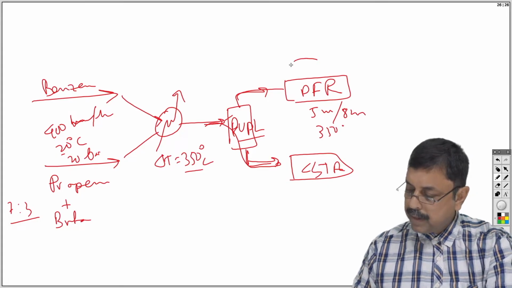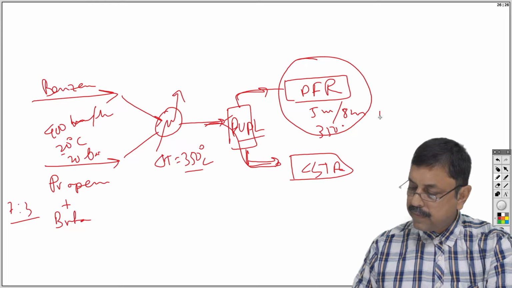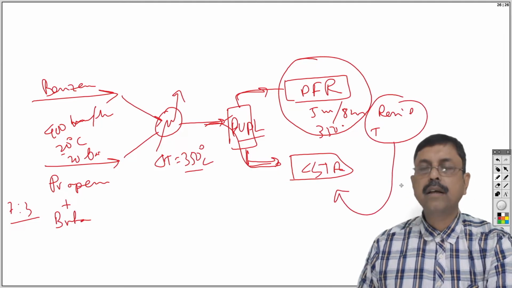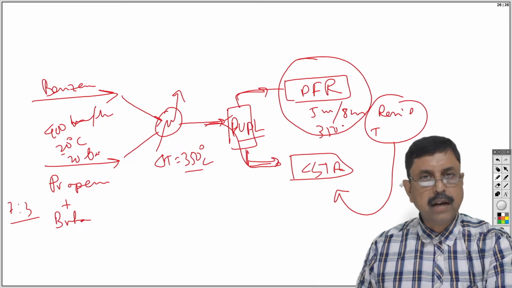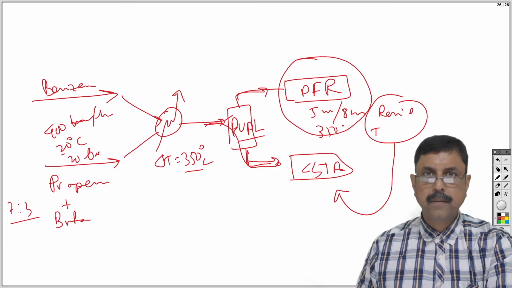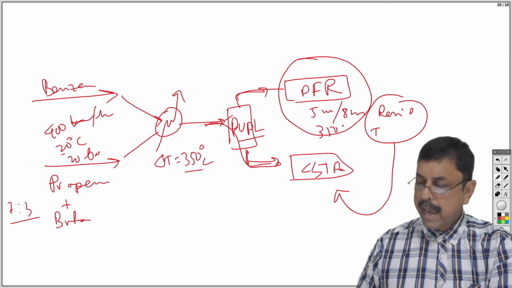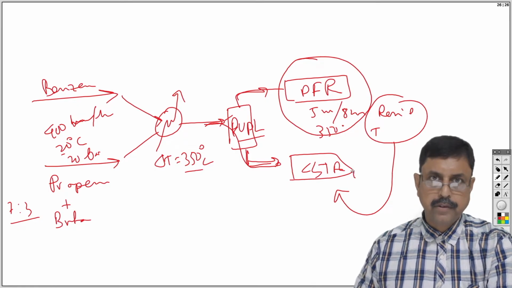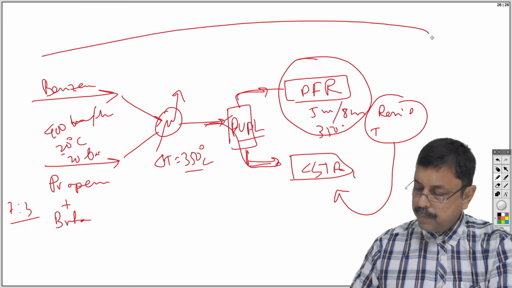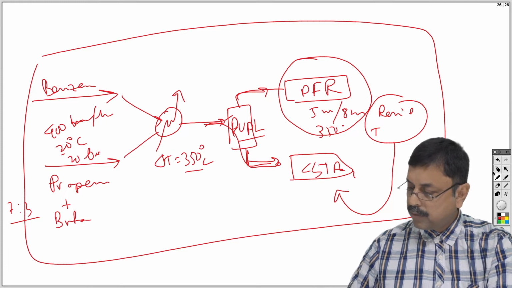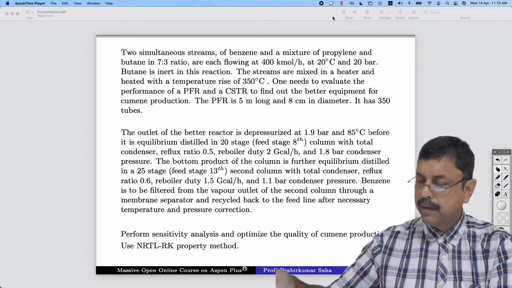From this operation, we will identify the residence time, we will identify the temperature, etc. Those information will feed into the CSTR and then run both of them and check whichever is giving better production of cumene. And the subsequent run we will do on that particular reactor. So first we will do up to this point and check which reactor performs better. So for that, let us go to the simulation window.